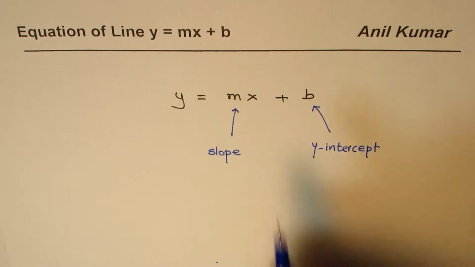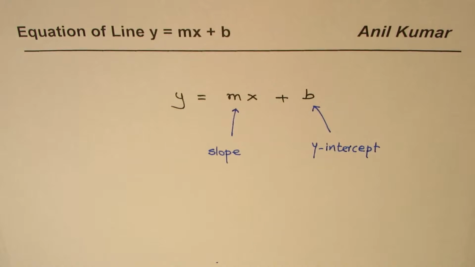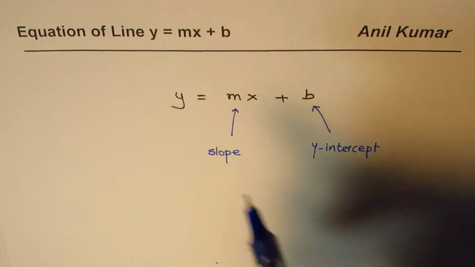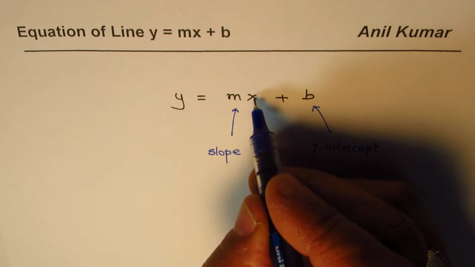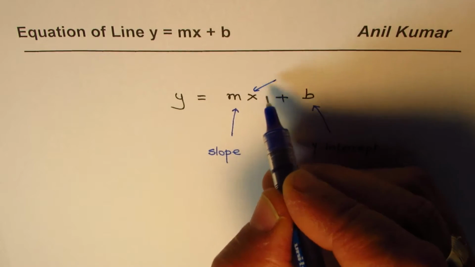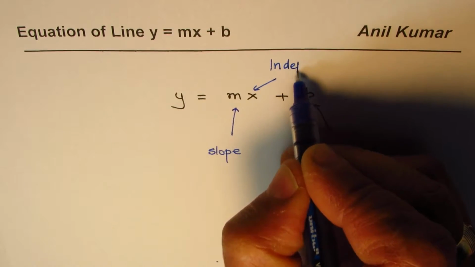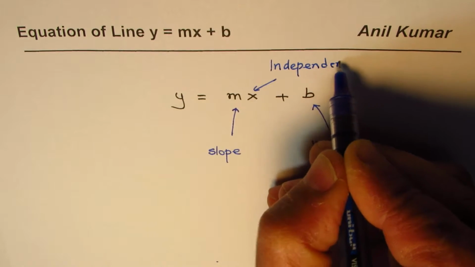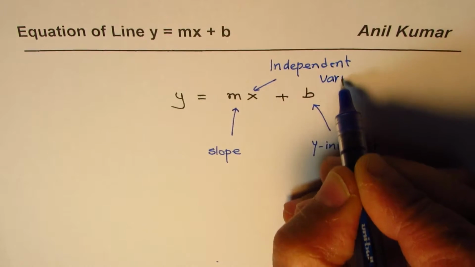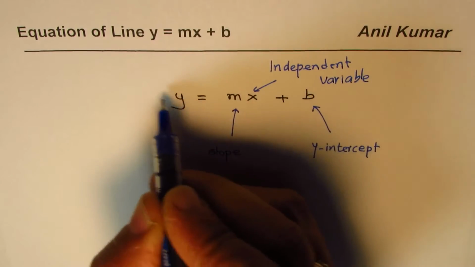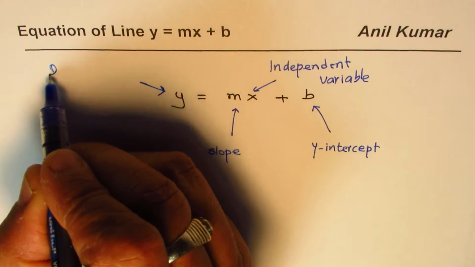Now let me ask you, what is x and what is y? x is the independent variable. Remember, x is the independent variable, and y is the dependent variable, correct?